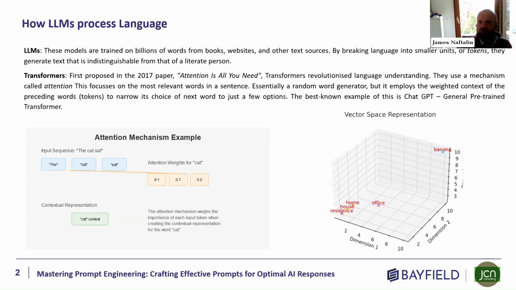And they transform it into a vector, so a number representation along several axes. In the example here, I've just shown a vector representation and how it can work in 3 dimensions. In reality, it uses more than that, but that's not important.